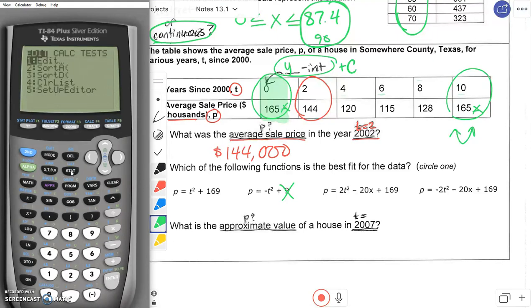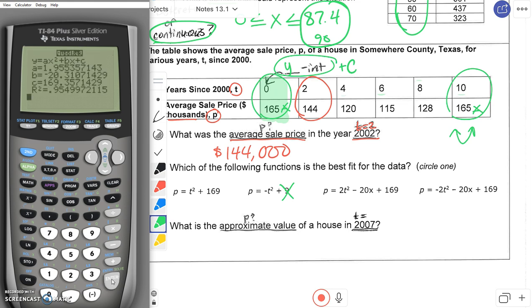So we're going stat, calc, and if I look at my answer choices, all of them are squared, so I'm not even going to waste my time with linear. I'm going straight to quadratic. So stat, calc, 5. I want to store this, so I go down to store regression equation, alpha, trace, y1, enter, and then enter on calculate.